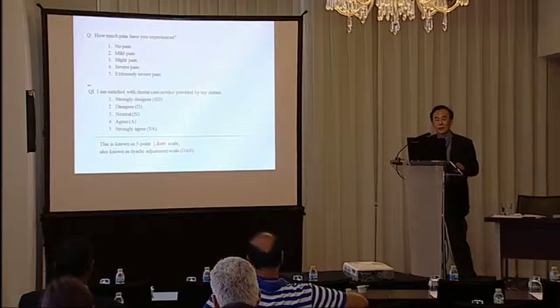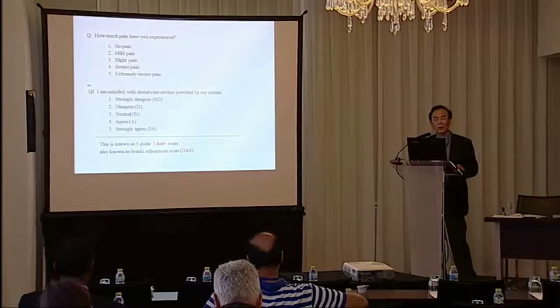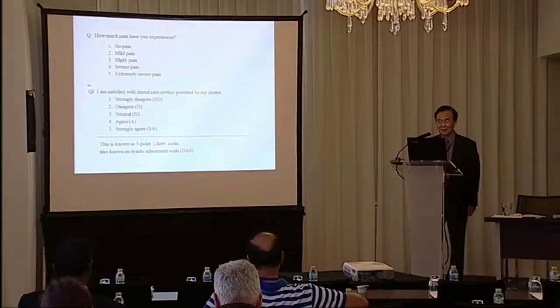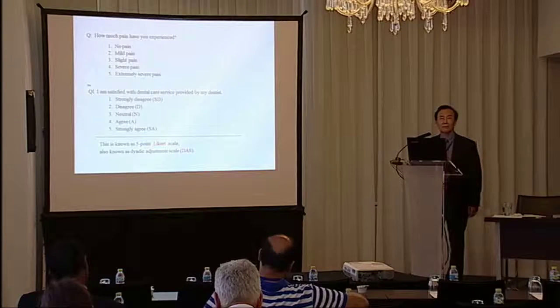Now let's take another example. I'm satisfied with the dental care service provided by my dentist, and usually the respondents are provided with 5 choices: strongly disagree, disagree, neutral, agree, and strongly agree. These 5 categories are not quantifiable, and you certainly cannot measure the difference between any 2 categories. But you can artificially assign numbers like 1, 2, 3, 4, 5, and these are artificial numbers assigned to these categories for the purpose of data analysis.